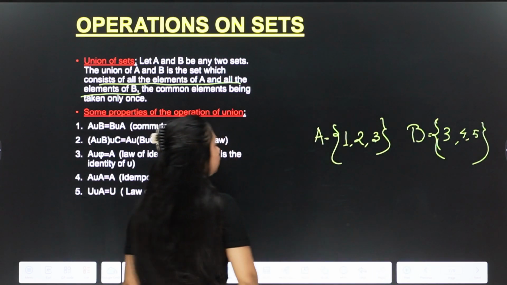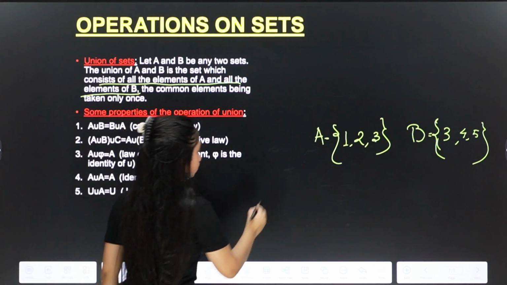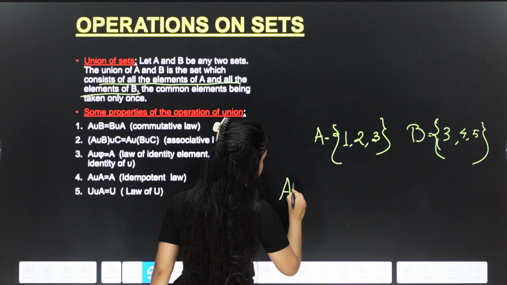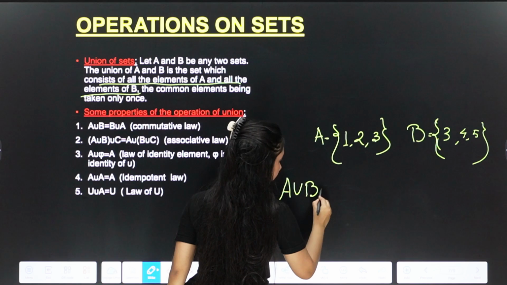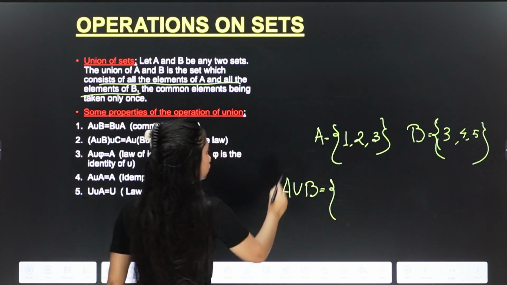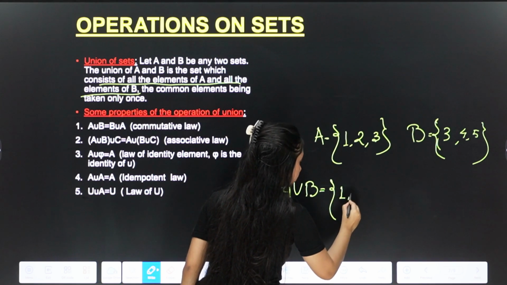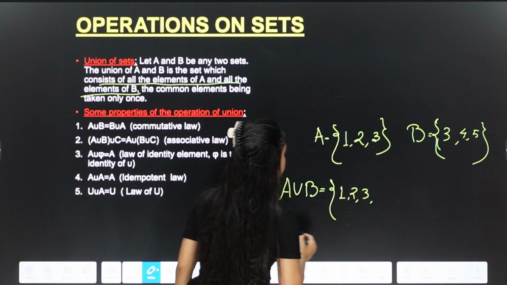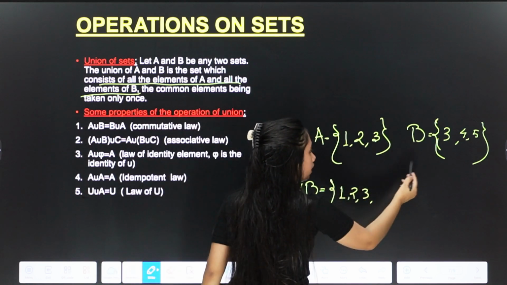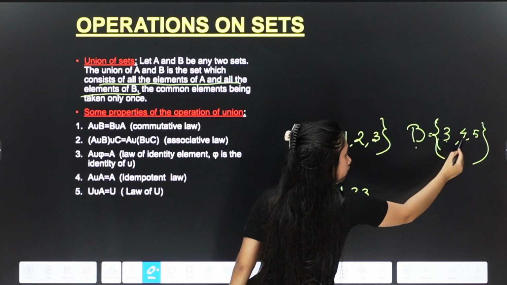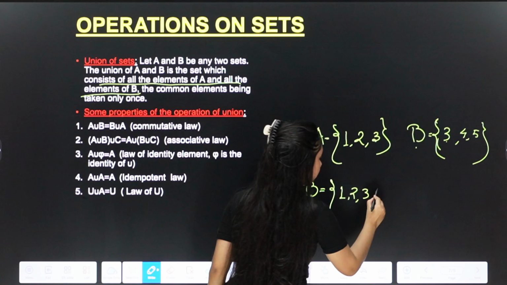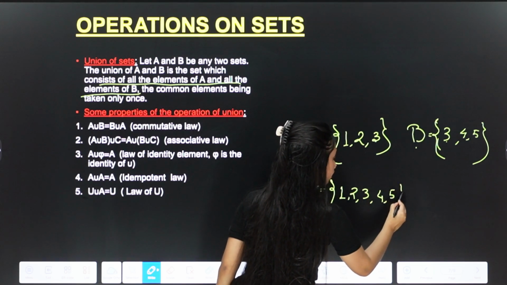Then what will be the union of A and B? Then union of A and B will be all the elements of A. So what are the elements of A? 1, 2, 3. And all the elements of B. So what are the elements in B? 3, 4, 5. Then 3 is already present, so we will write 4, 5.